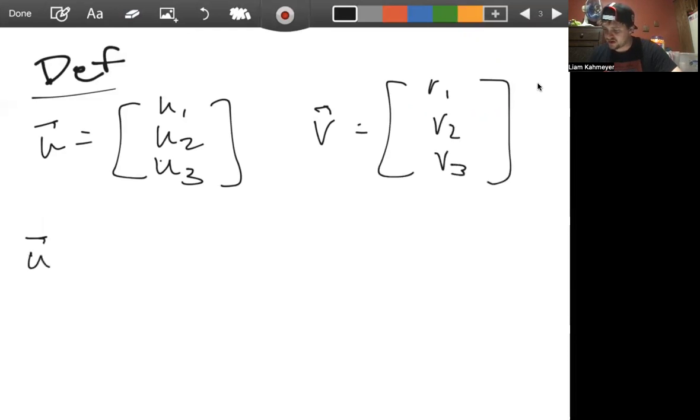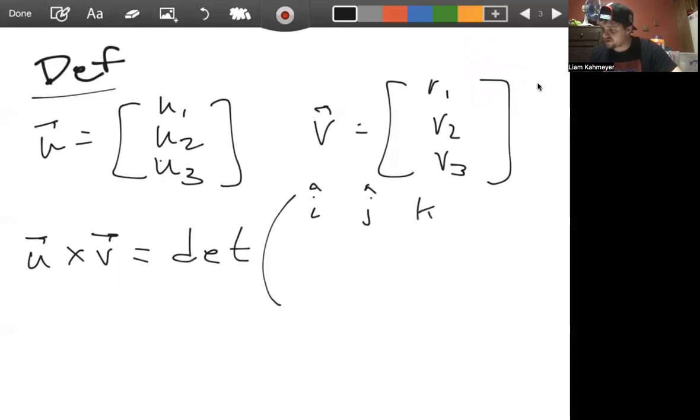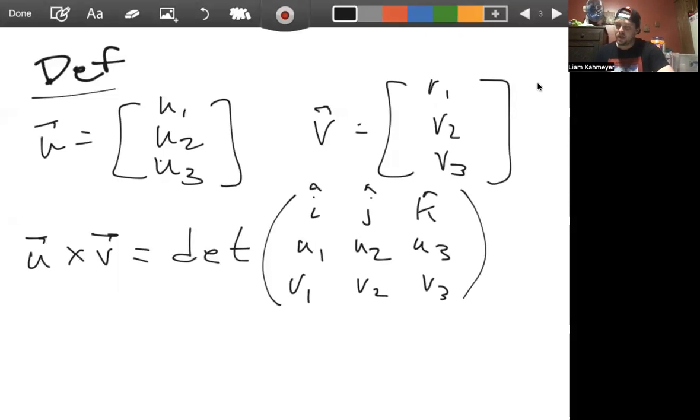And so the cross product, we say u cross v, is defined to be the determinant of the 3 by 3 matrix where the first row vector is your standard unit vectors, i hat, j hat, k hat. And then the second row is the vector u, u1, u2, u3. And the third row vector is v1, v2, v3.